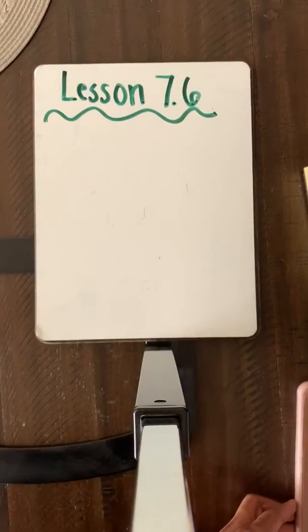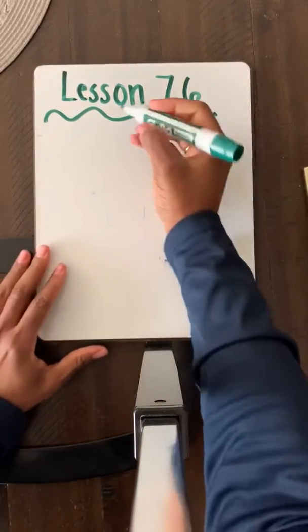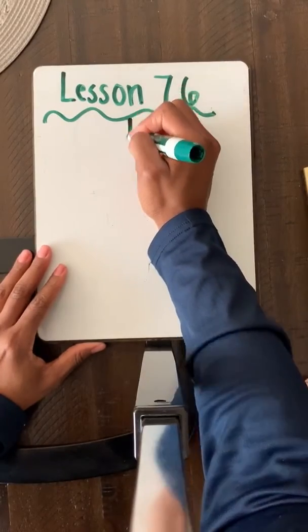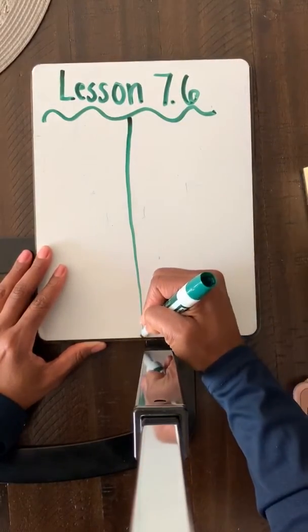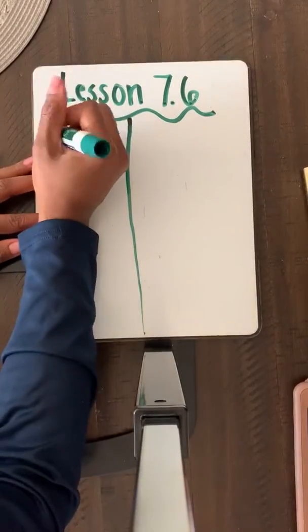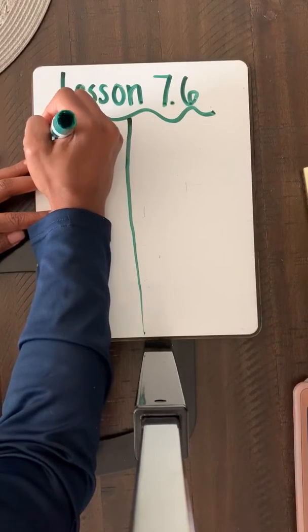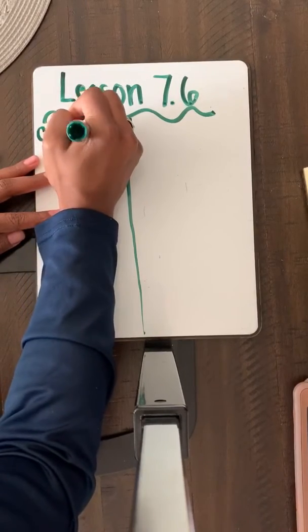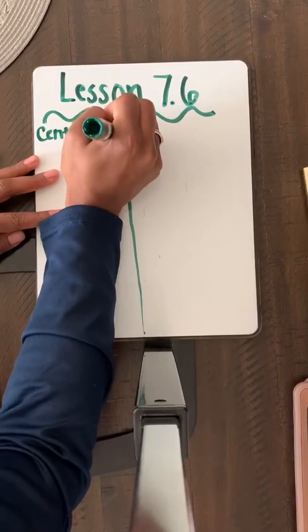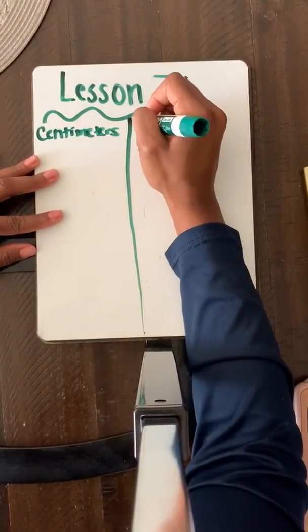Now we're going to do a little group activity. We're going to do some sorting. I'm going to show you some pictures of different objects, and I want you to tell me if you think it should be measured in centimeters or in meters.